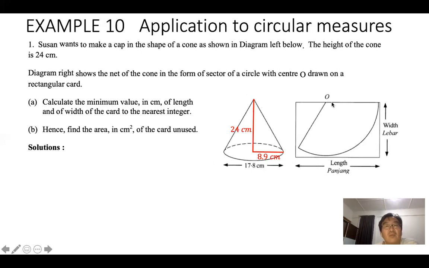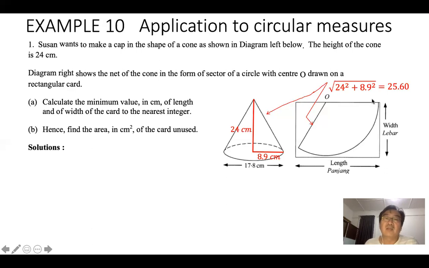That is what will be shown here. If you don't have this measurement, then we cannot find the length and width later on. So we use the simple Pythagoras theorem, that is square root of 24 squared plus 8.9 squared. So you get 25.6 centimeter. So the slant height is 25.6, and this one is also 25.6.